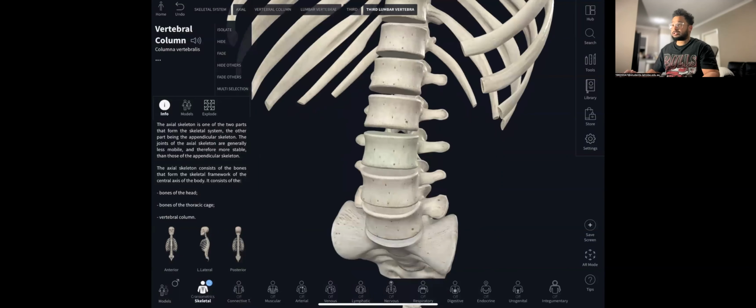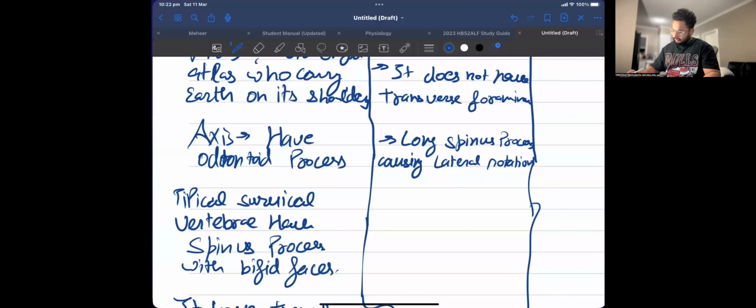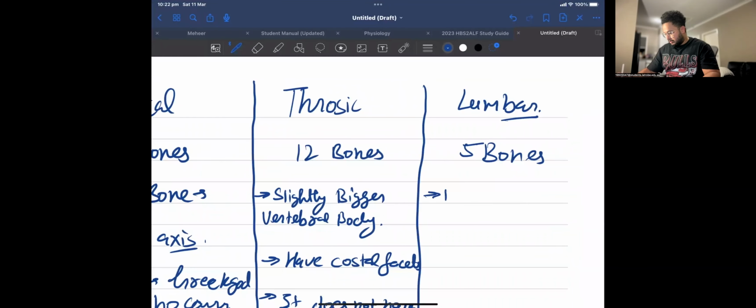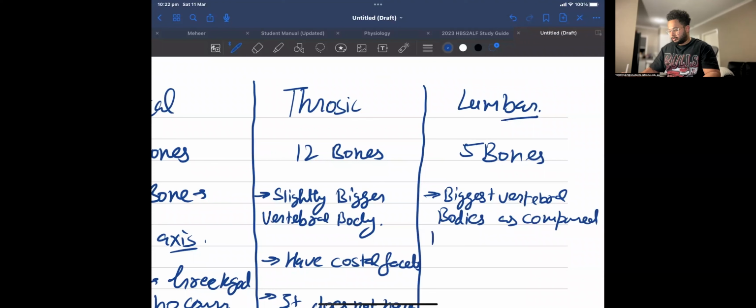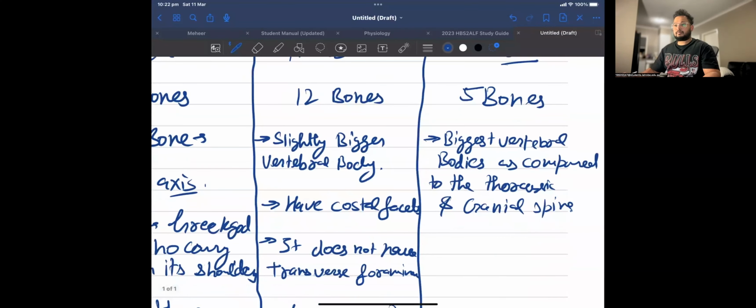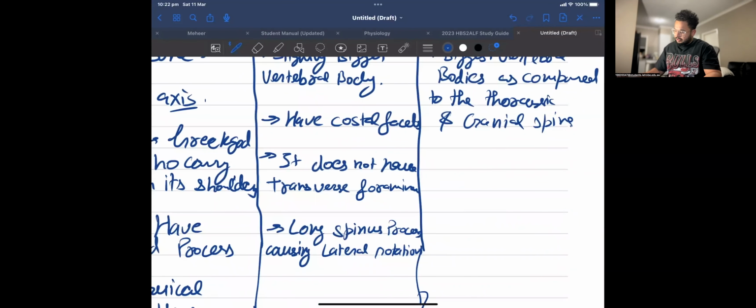As you can see, it has the biggest vertebral bodies as compared to the thoracic and cervical spine. All good. Next thing, what else?